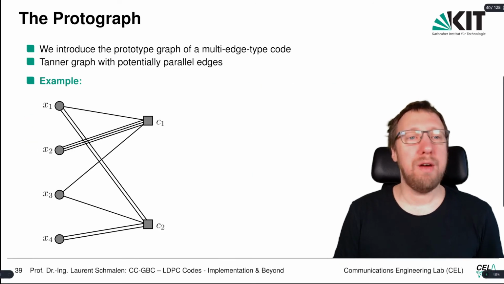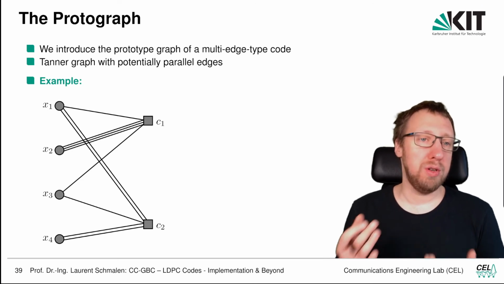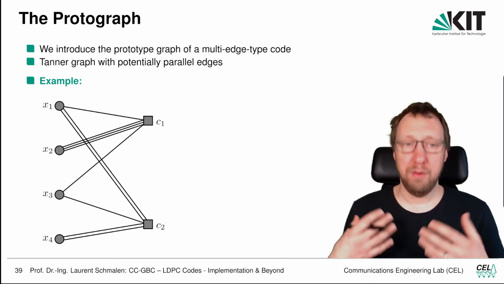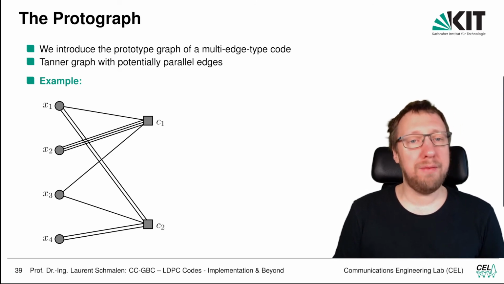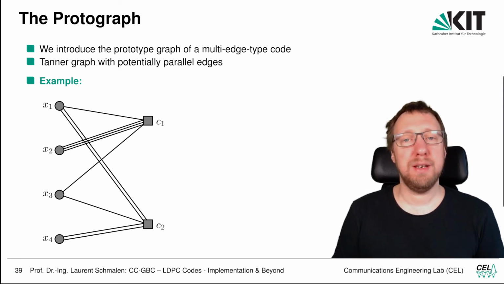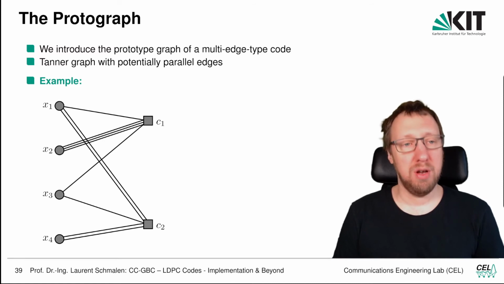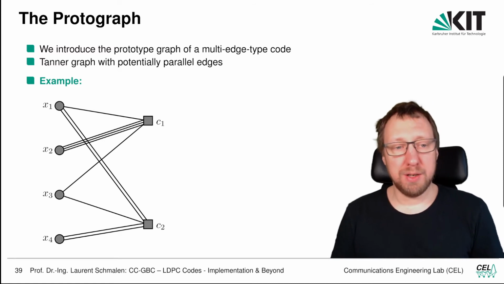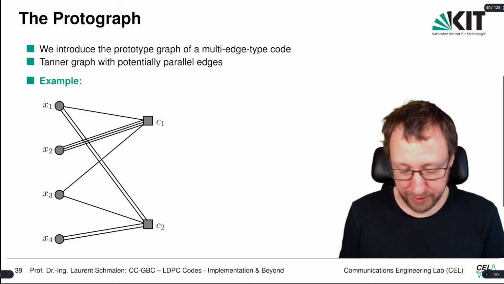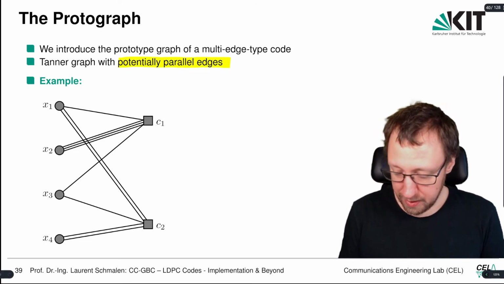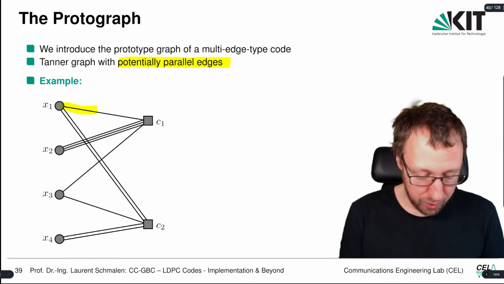Protograph means we have a prototype graph. And this prototype graph is a graph that describes the different multi-edge type codes. This prototype graph is a graph that potentially has parallel edges. So here is a prototype graph.